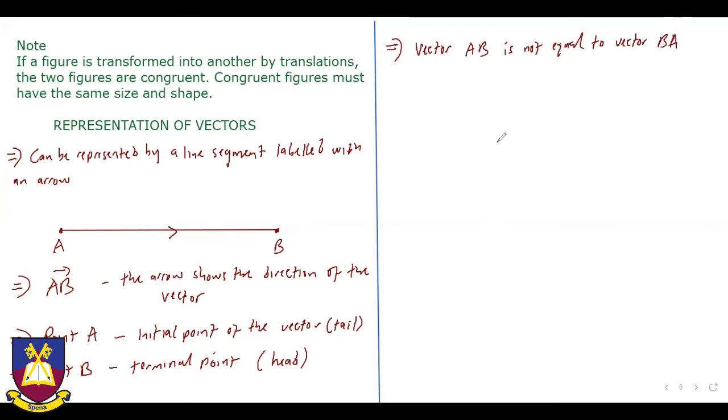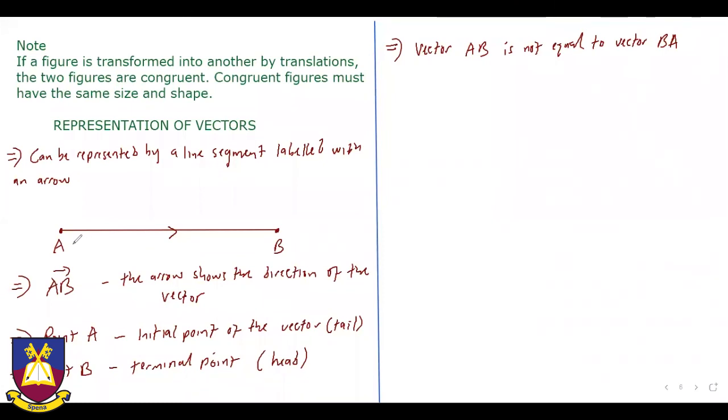They're not equal because when you look at AB, the head is at B and the tail is at A. Then when you look at BA, the head is at A and the tail is at B. That means those vectors are different. In this case, they'll be opposite. AB and BA will be said to be opposite vectors.